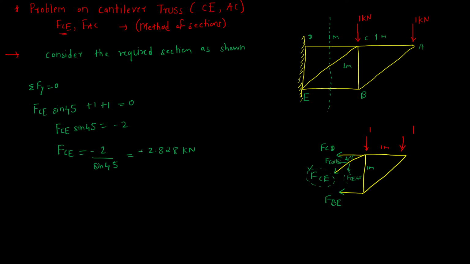As this is coming negative, that means it is in compression. This is how you can directly find the force in any given member and the nature of the force. So we can say directly that the force in member FCE is 2.828 and it is compression.